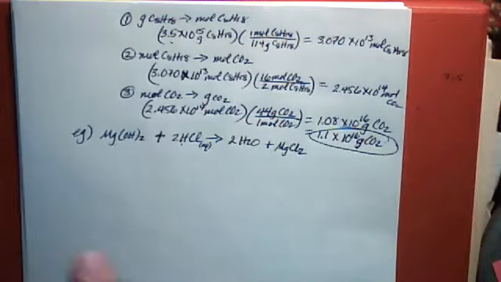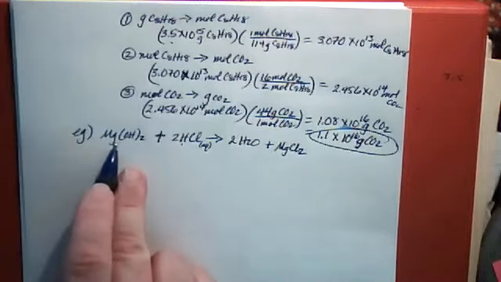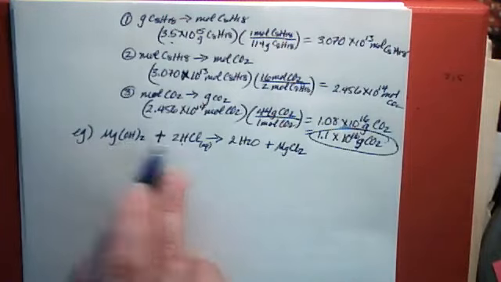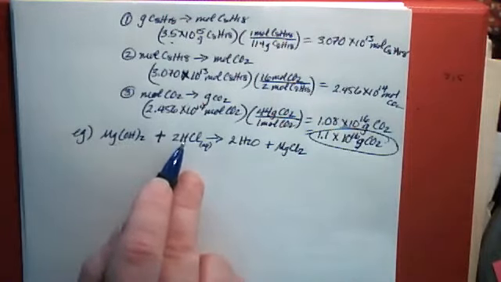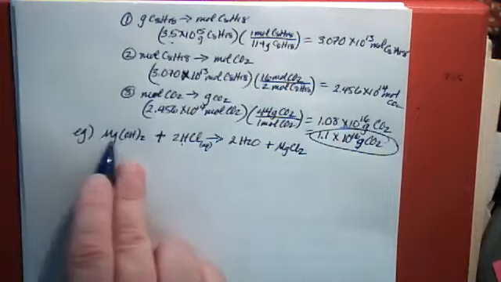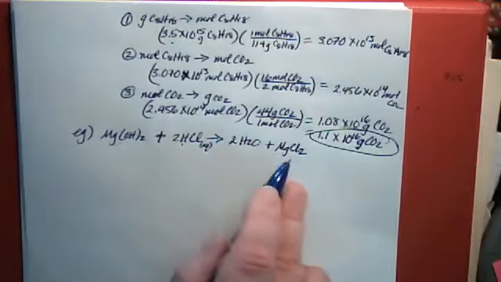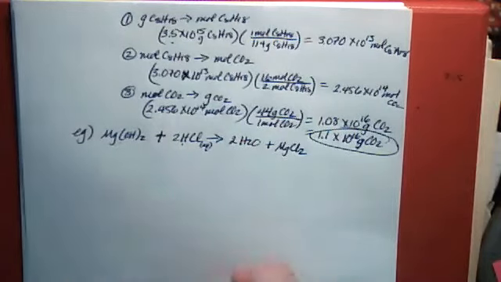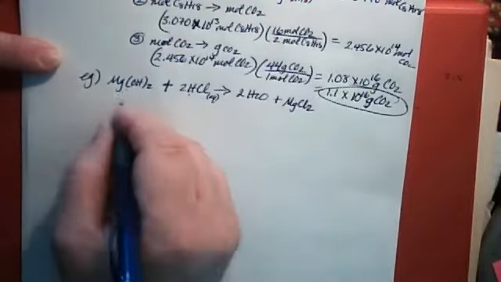The really important thing is that for each mole of magnesium hydroxide, it reacts with 2 moles of hydrochloric acid and produces 2 moles of H2O and 1 mole of magnesium chloride. It's the ratios of one thing to another that are really useful in balanced chemical reactions.